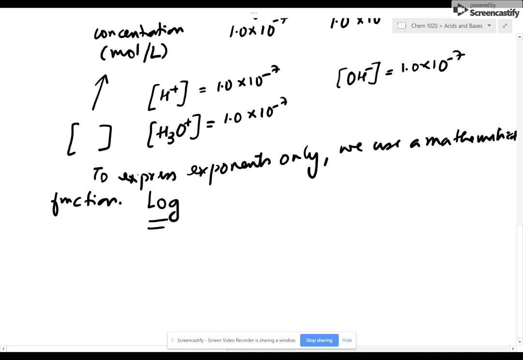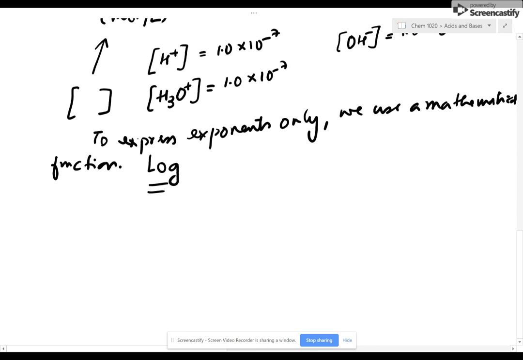Okay. So if you apply this function, and most scientific calculators have this function embedded in them, all you got to do is, in your calculator, take negative log of 1.0 times 10 to the negative 7, or simply just take the log, forget the negative sign for now. Log of 1.0 times 10 to the negative 7 in your calculator will give you a negative 7.